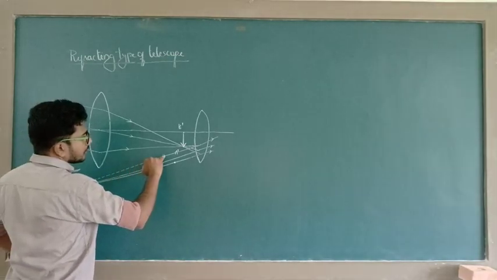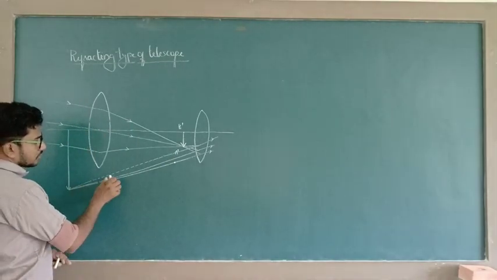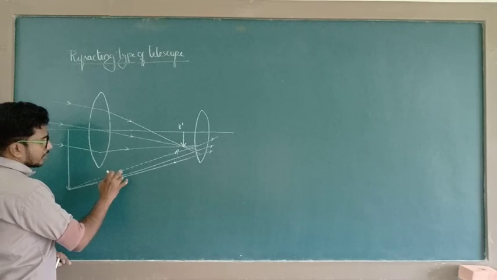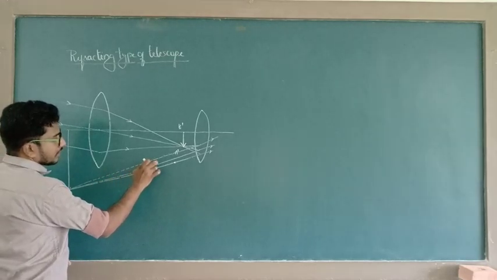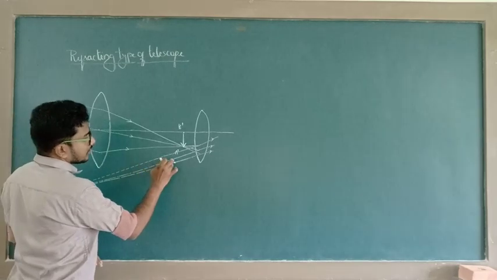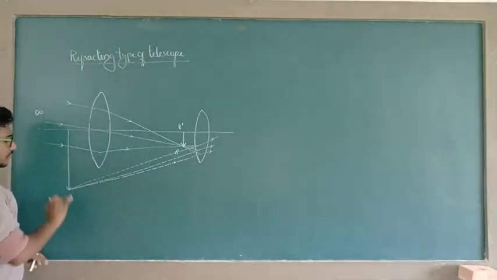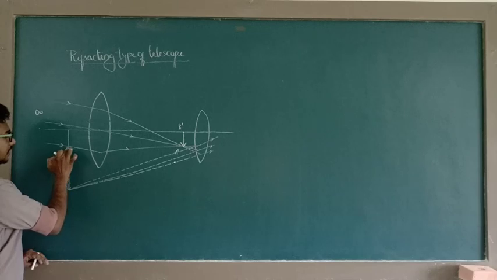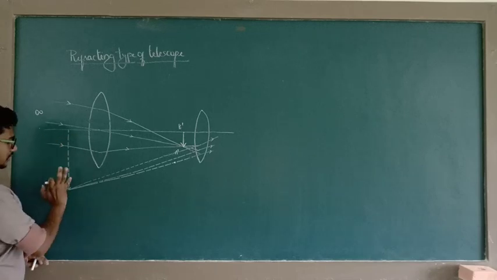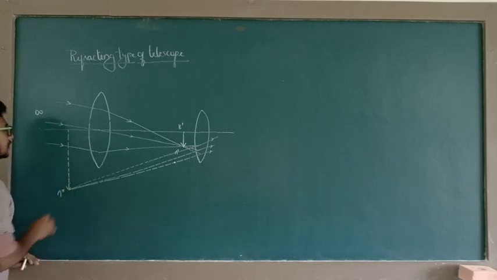So they never meet with each other in forward direction. By proceeding those two light rays in a backward direction, they are going to meet at some point, and that point lies at 25 centimeter from the optical center of the objective. So this is our final image, let us say A double dash B double dash.